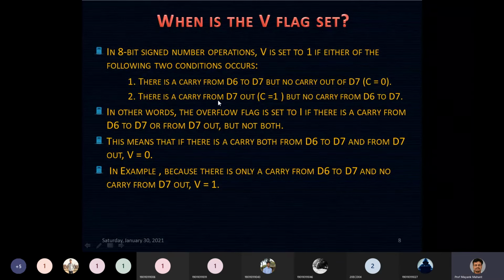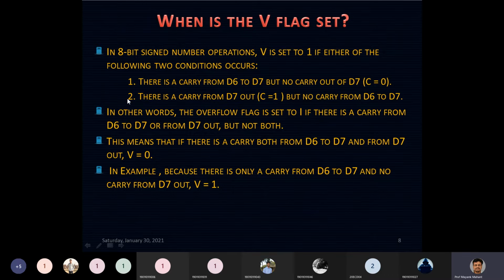So if the carry is generated from D7 out but not generated from D6 to D7, that will also show you that there is an error. If a carry is generated from D6 to D7 and a carry is generated from D7 to carry, then there will not be any kind of issue.